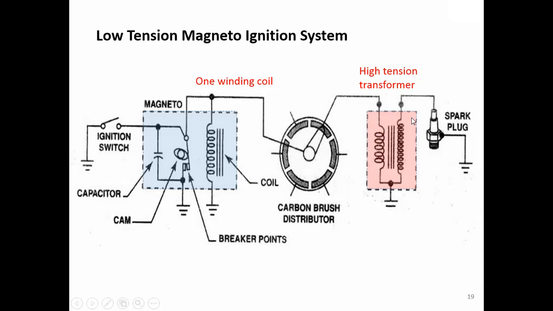The secondary winding in the transformer will then create the high voltage and send it to the spark plug. So the high tension magneto system and the low tension magneto system are different because of this. First, the magneto for the low tension has only one winding instead of two. Second, the low tension system needs a transformer in order to convert the low voltage to the high voltage.